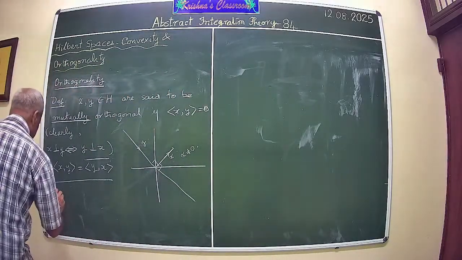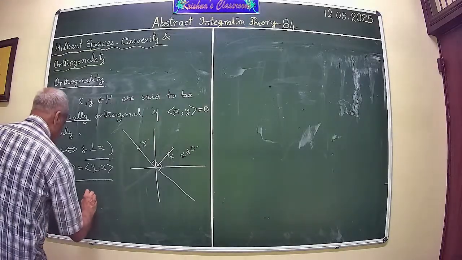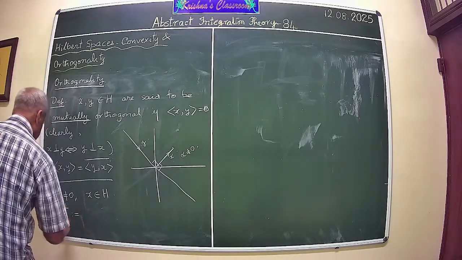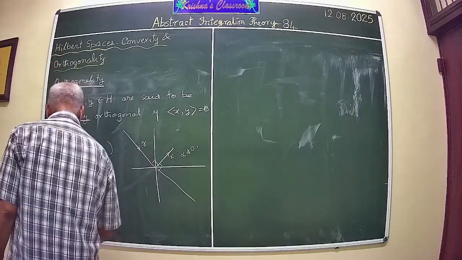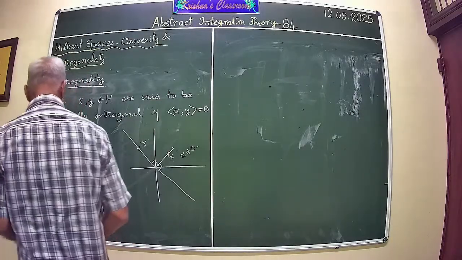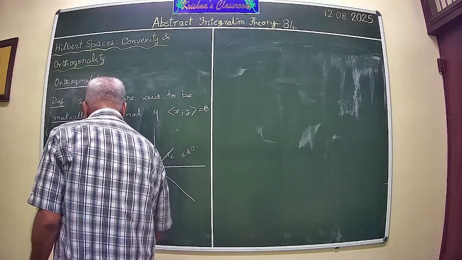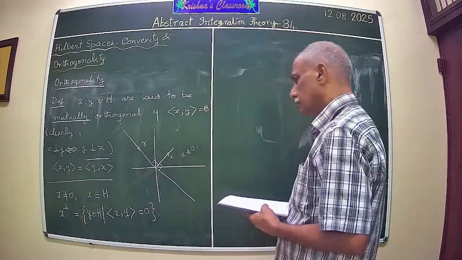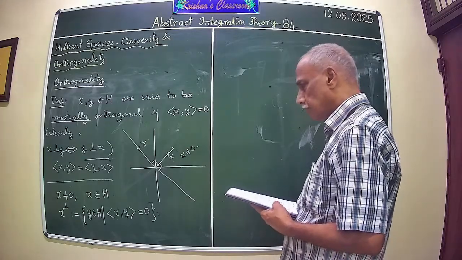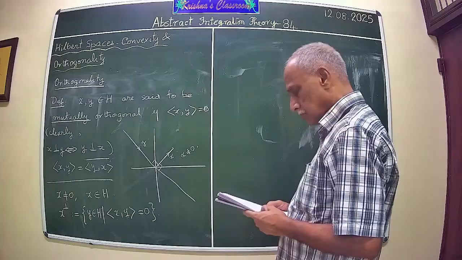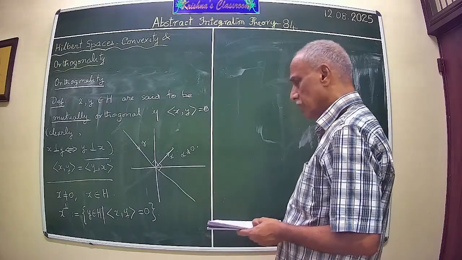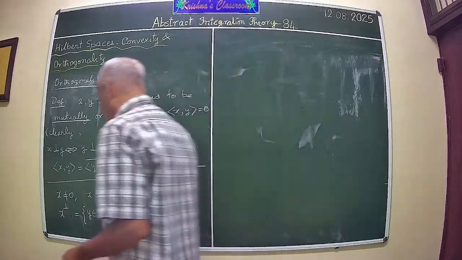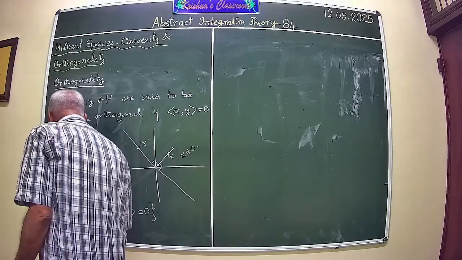Suppose you take x, and define the set of all those vectors y which are orthogonal to x, that is, y such that the inner product of y with x is equal to 0.